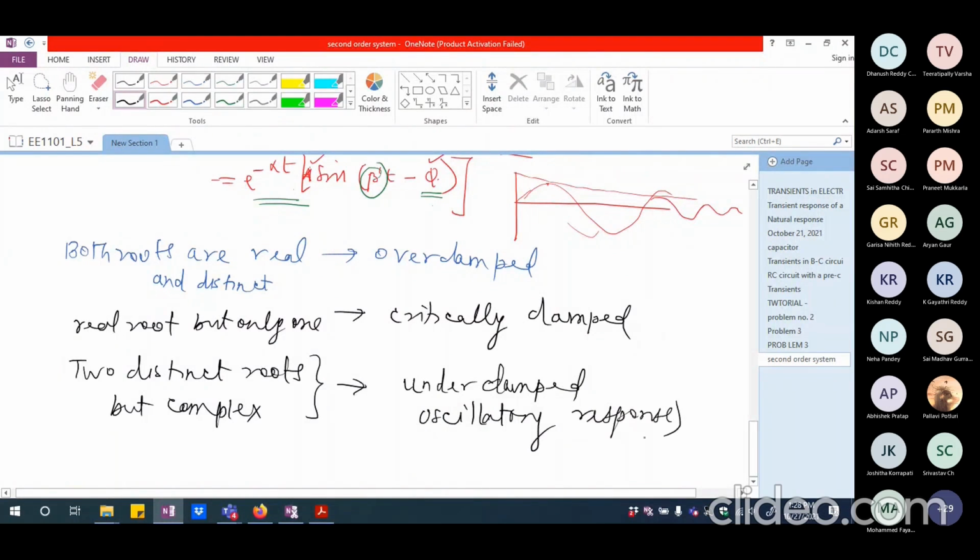What I'm going to do in the next class is take at least two cases, overdamped and underdamped, because critically damped is when the circuit is transitioning from overdamped to underdamped or underdamped to overdamped. Only at one point is it going to experience this critically damped response.